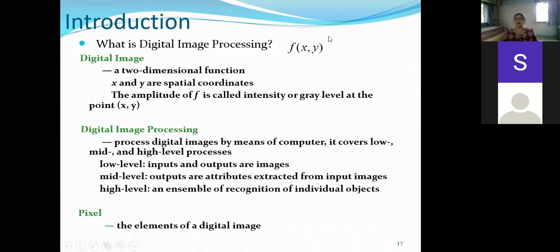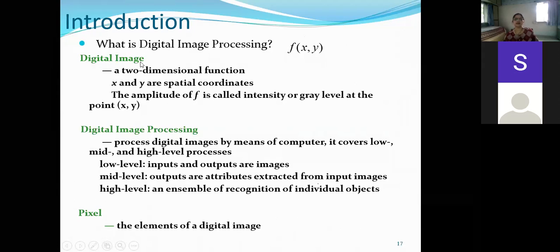Okay, so our digital image we can represent by a function, say f(x,y), where x represents the x coordinate and y represents the y coordinate, and f(x,y) is nothing but the intensity value of the pixel at coordinates x and y.